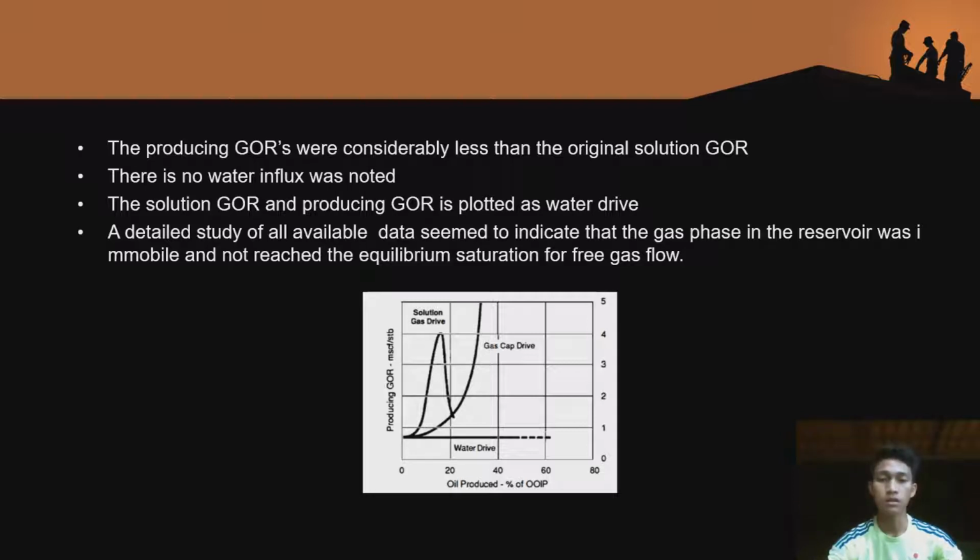In our paper, it is because of abnormally high critical gas saturation found. The producing GOR is likely to be the same as the solution GOR because there is no gas liberation and the gas remains immobile.